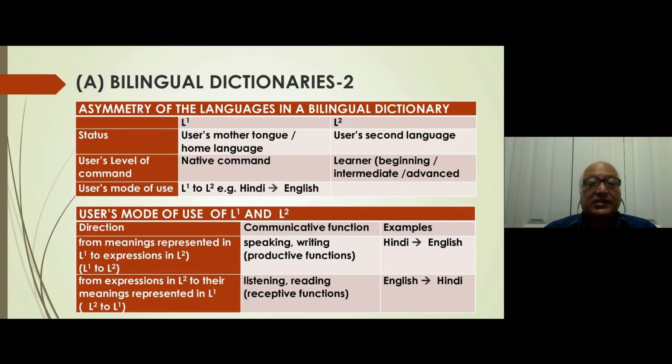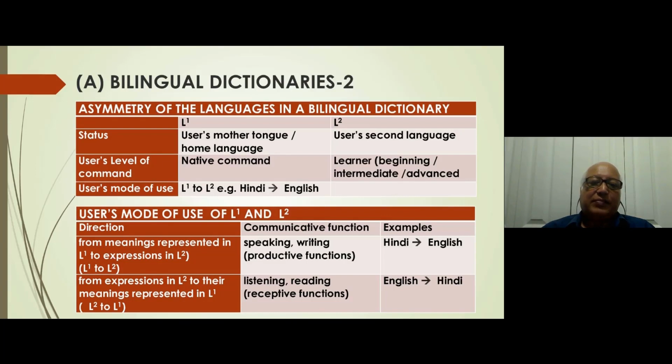The other segment is for moving from expressions in L2 to their meanings represented in L1. So that is a movement from L2 to L1. Listening and reading as receptive functions are relevant here. So examples are in an English Hindi dictionary, the English Hindi segment of the bilingual dictionary.